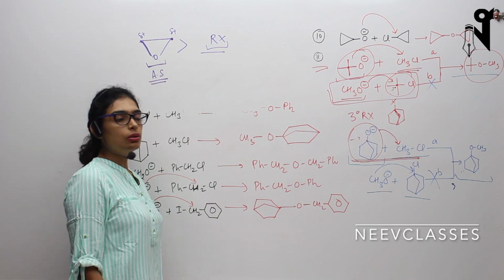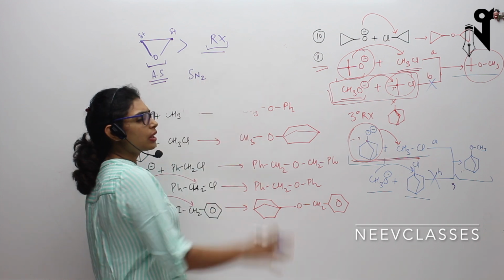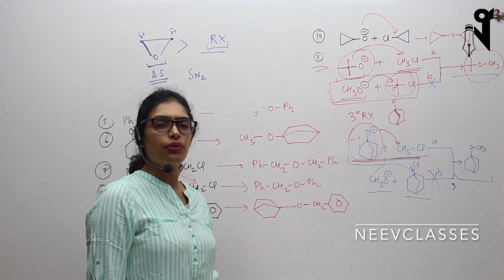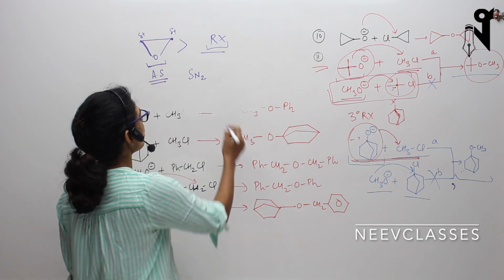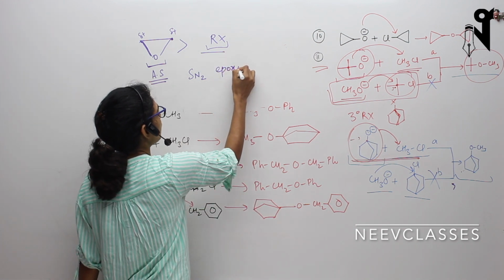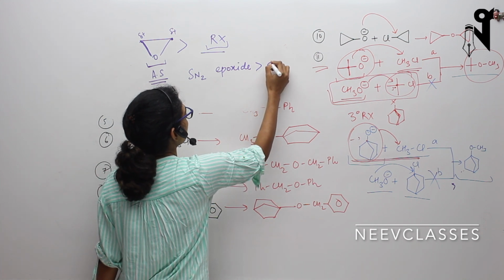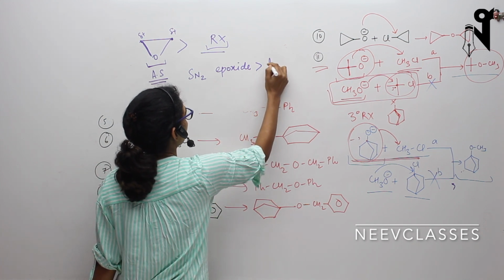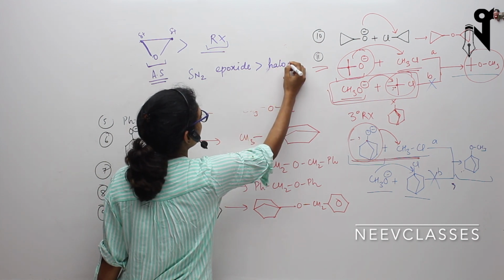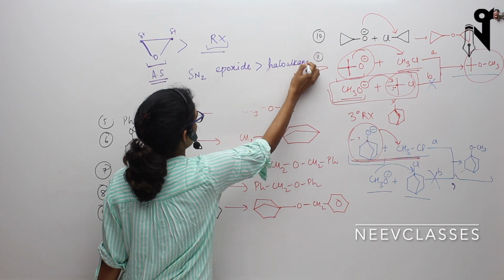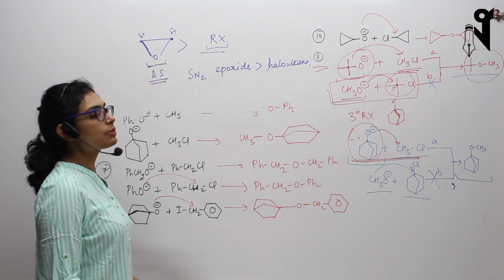We can get questions where we have to compare the reactivity of molecules towards SN2. So always your epoxide will have a higher reactivity towards SN2 as compared to haloalkane, and this is majorly due to the angle strain your epoxide faces. Okay. So this is about Williamson ether synthesis.